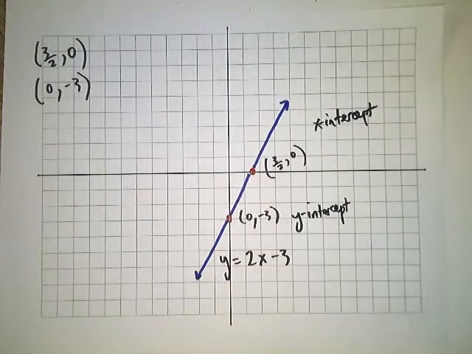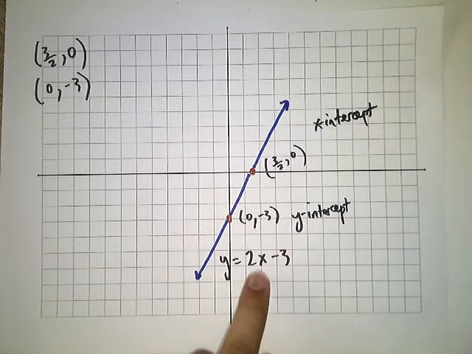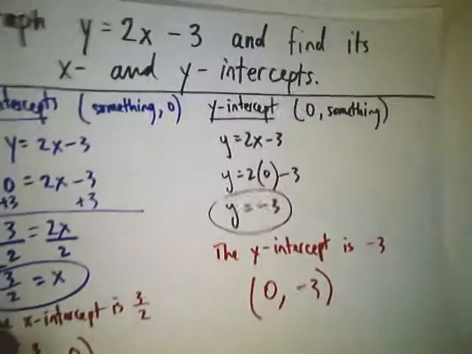Now, one thing you should notice about the last problem we did: I gave it to you in standard form. This one I gave to you in slope-intercept form. That didn't really change the process at all.